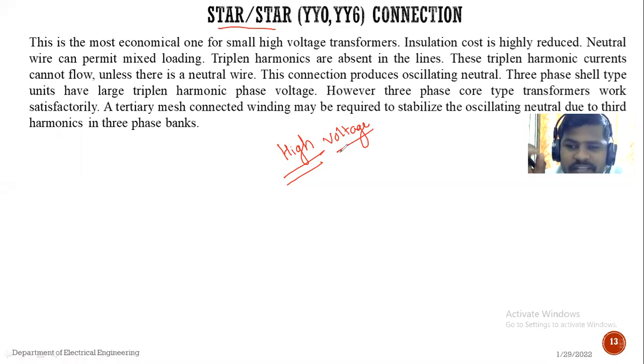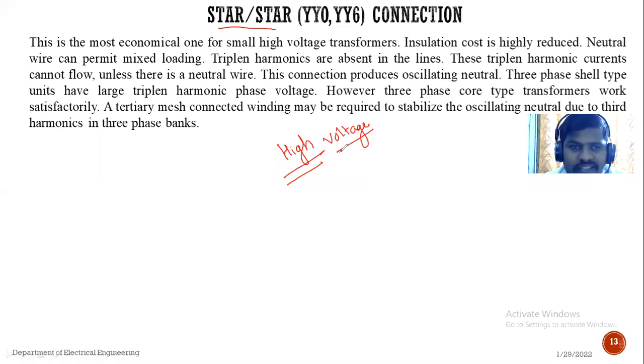So the tertiary mesh current or the tertiary winding may be required to stabilize that oscillating neutral current. Because of this, an oscillating neutral current flows, and we want to stabilize that current. So a stabilizer connection or an equalizer connection is required if the three phase bank is used. That means if a bank of three single phase transformers is used, at that situation it will require an equalizer connection.